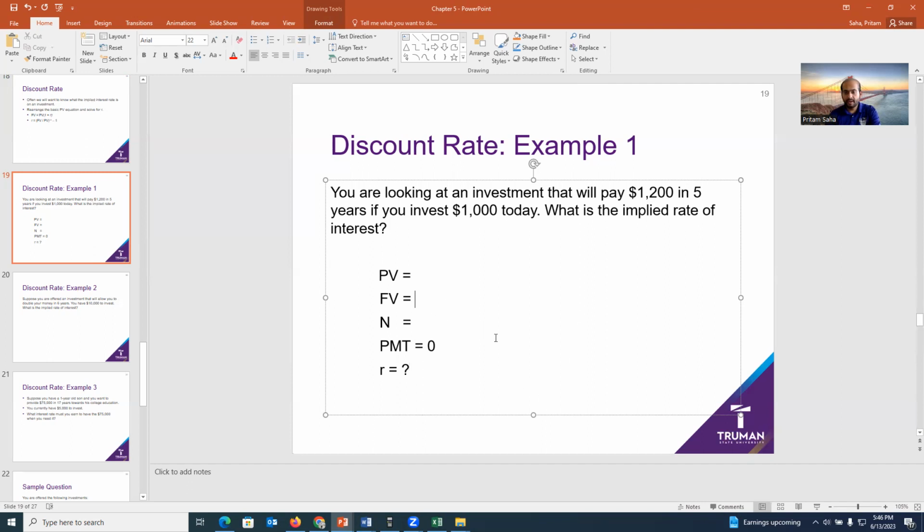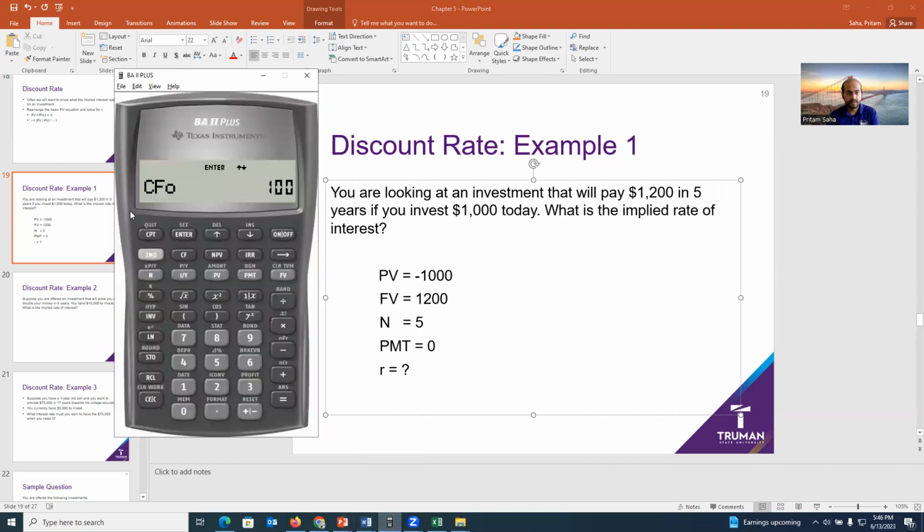The investment is going to pay $1,200 in future value, positive. That means you receive the investment money, okay? You receive $1,200. You invest 1,000, negative. In 5 years, calculate R. First, clear, okay? N is 5, and then present value is 1,000.